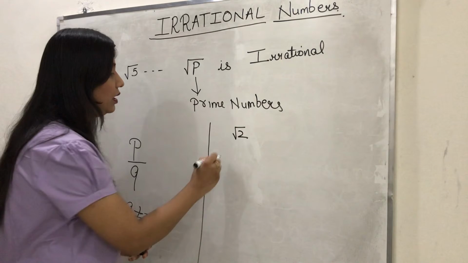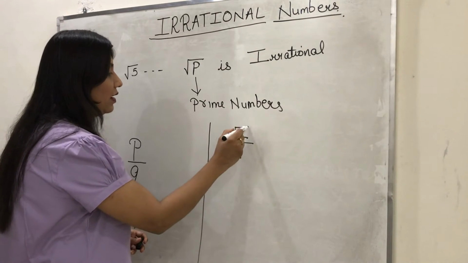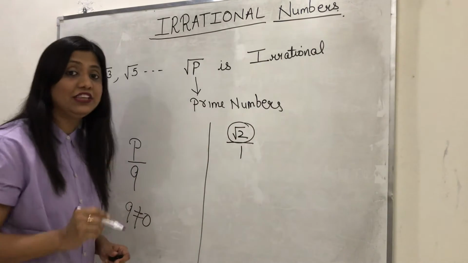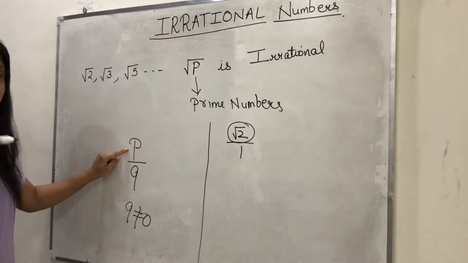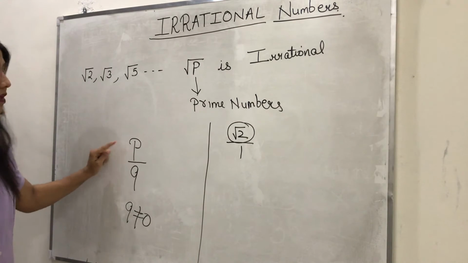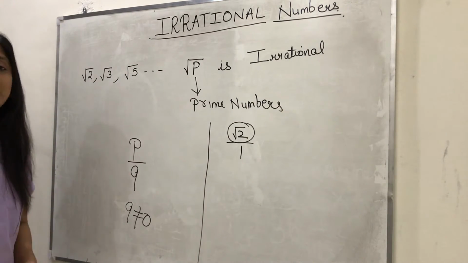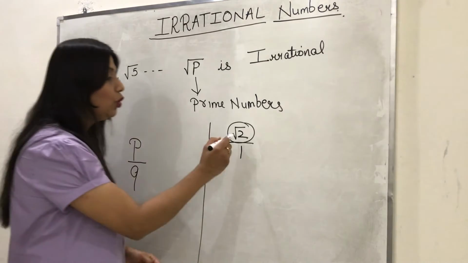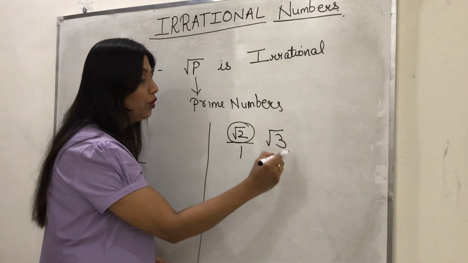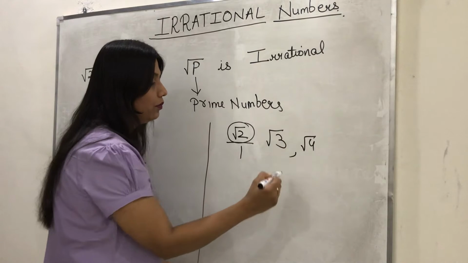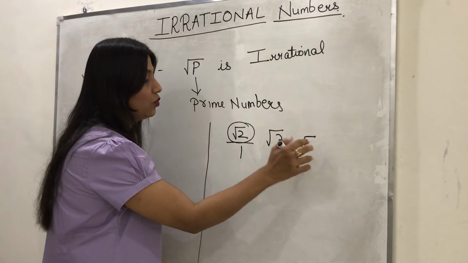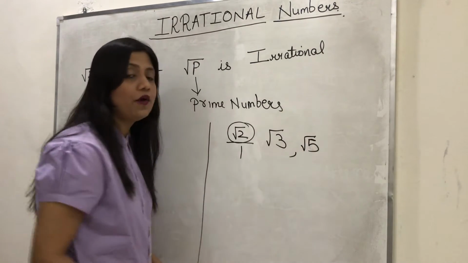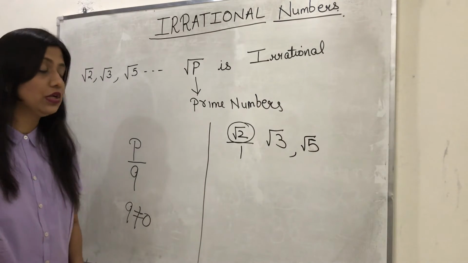Why is it irrational? Because here root 2 is not an integer. Here the definition of rational number is p and q both should be integers. So root 2, root 3, root 4, sorry not root 4, it is a perfect square, it is not a prime number. Root 5 all are irrational.